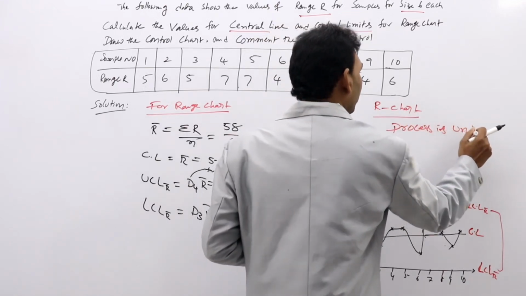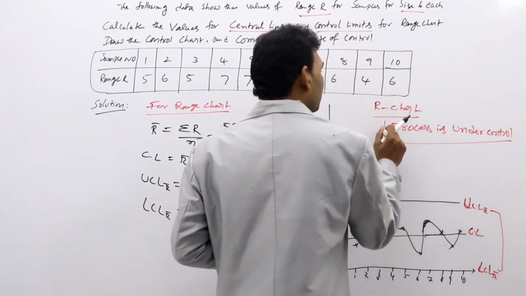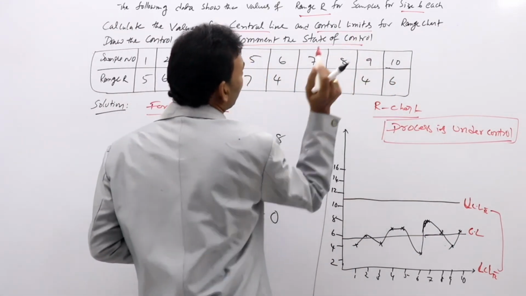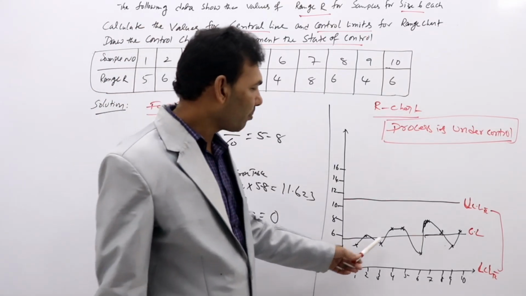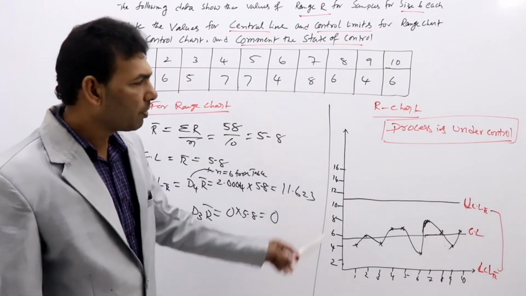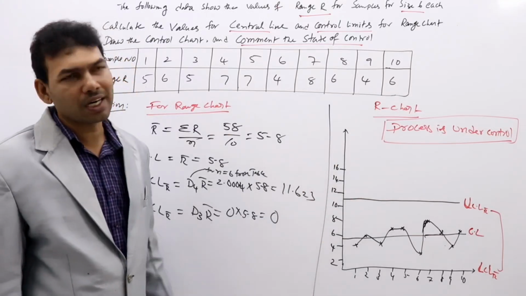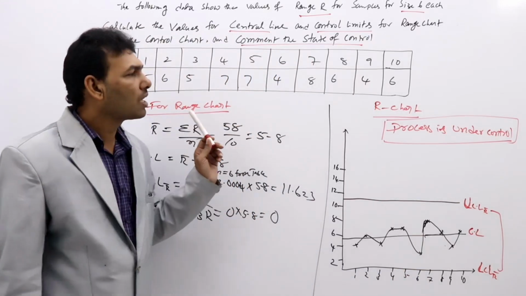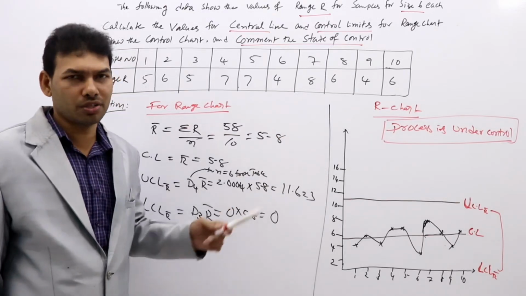From the graph, we can easily comment on the status of the process. The state of control is under control, not out of control, because the complete graph is in between UCL R and LCL R. When the graph crosses these lines, we call that out of control. But here the process is under control based on the R chart.